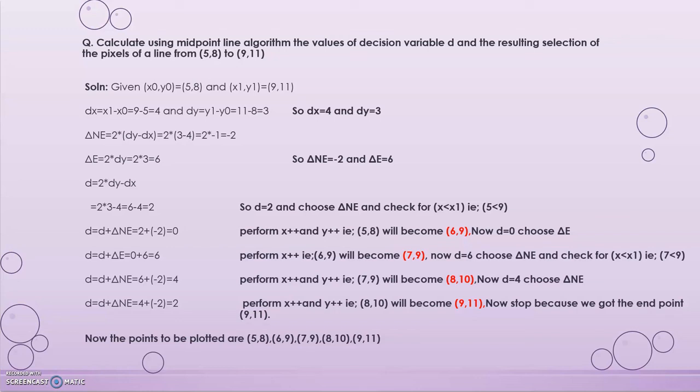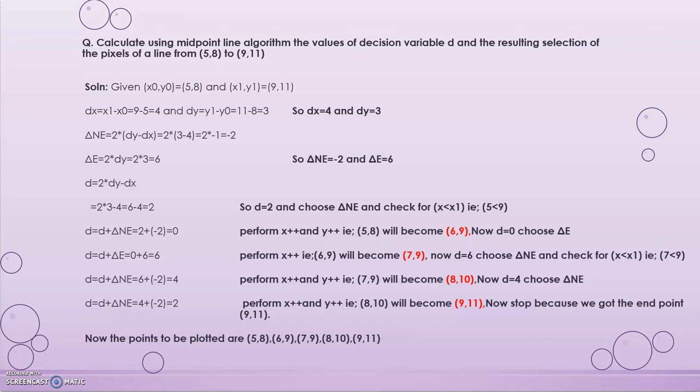Now the pixel 7, 9 will become 8, 10. 7 plus 1, 8, and 9 plus 1, 10. Now d is 4, so we have to choose delta NE. Again, we'll add delta NE to d, that is 4 plus minus 2. We get the new d value as 2. Now we have to perform x plus plus and y plus plus. Now 8, 10 will become 9, 11.